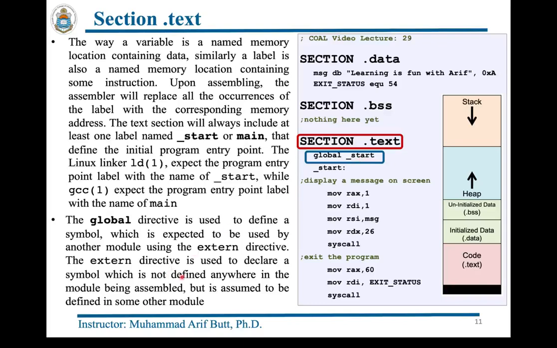The extern directive is used to declare a symbol which is not defined anywhere in the module being assembled, but is assumed to be defined in some other module. We will come to this extern directive when we move on to assembly programs that will be composed of multiple .o files.